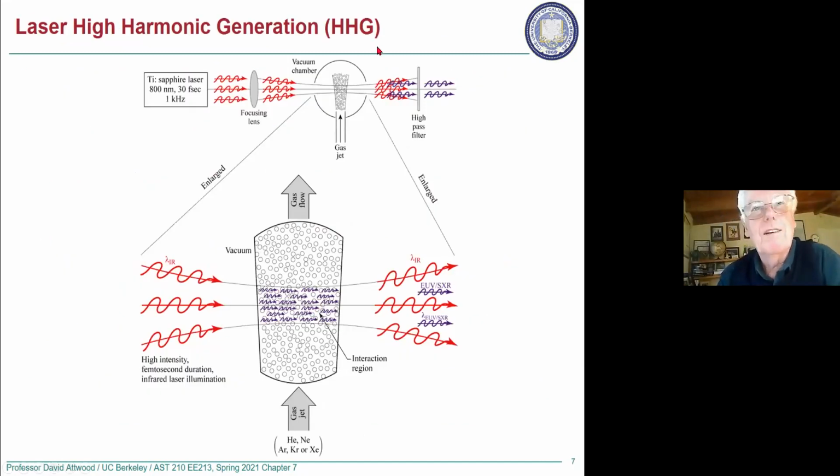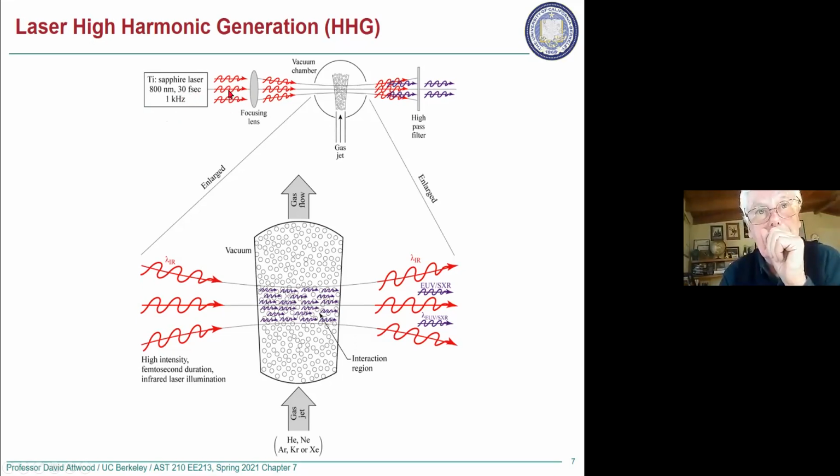So here's a diagram. A laser pulse from a Ti-sapphire laser is the most common used. There's a little bit of work on somewhat longer wavelengths, which we'll speak about probably tomorrow. A typical pulse duration is 30 femtoseconds, but that can be down to just about 3 femtoseconds.